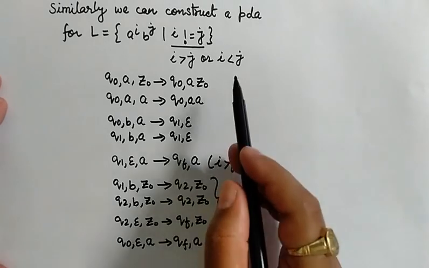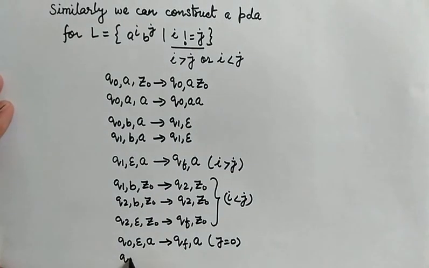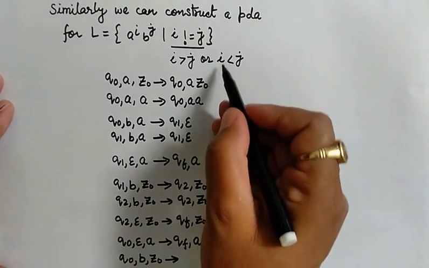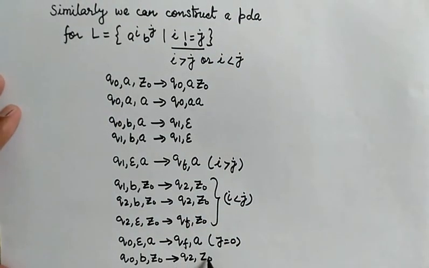And when the value of I is 0, we will get input B and Z0 will be on the top at the initial state. So the very first symbol is B. The value of I is 0. There is no A. So we will go to state Q2.